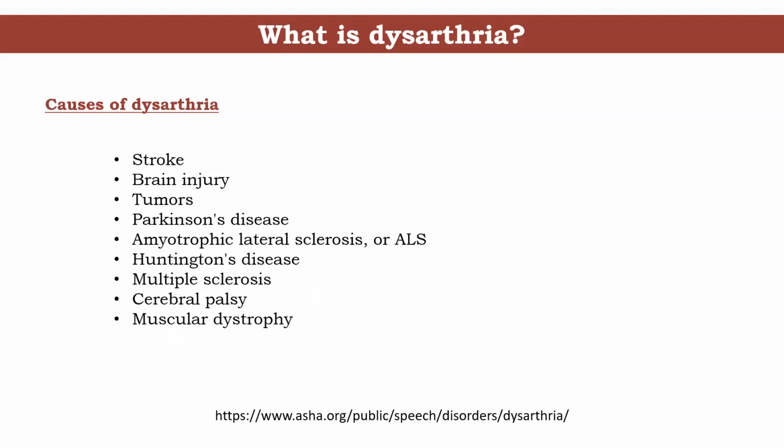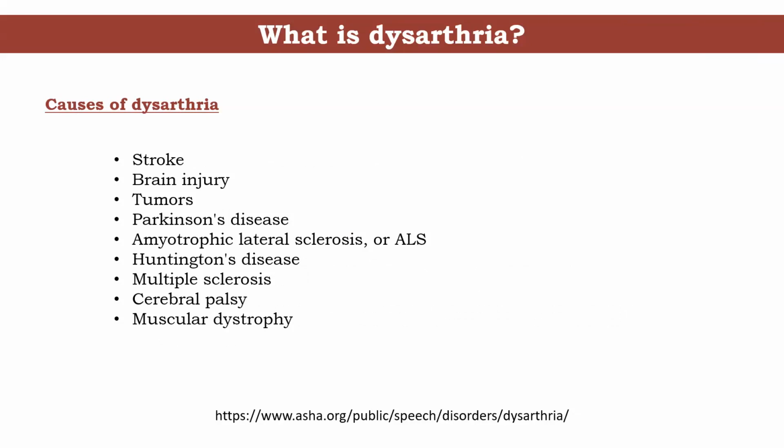So I'm going to talk about all of those also, but we'll be curious, what are the diseases that cause this, right? Typically it happens because of stroke, where it damages the brain, right? Or any other brain injury, or tumors, or Parkinson's disease, or amyotrophic lateral sclerosis, or Huntington disease, multiple sclerosis, cerebral palsy, many such, right?